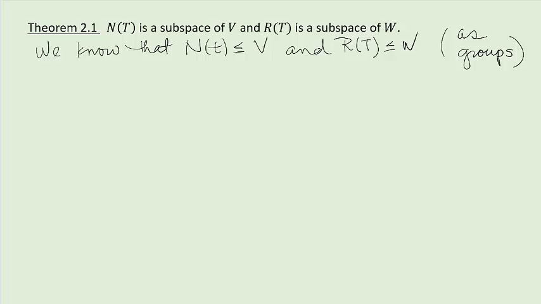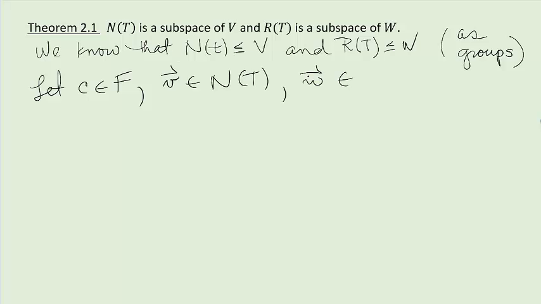So all we have to deal with is really the scalar multiplication. We've done this in group theory. So let C be an element of the field, and let V be an element of the null space, and let W be an element of the range.